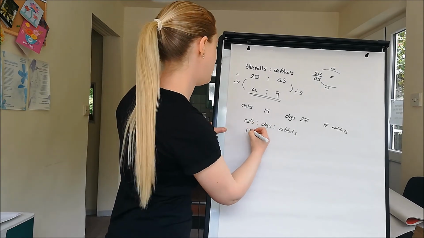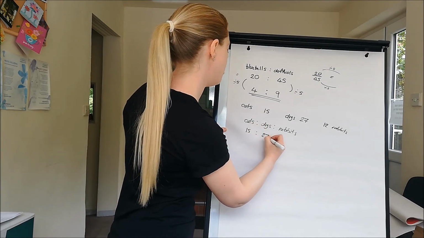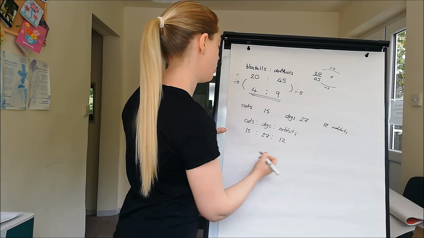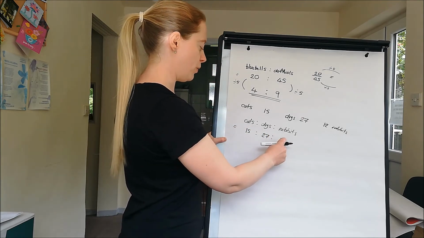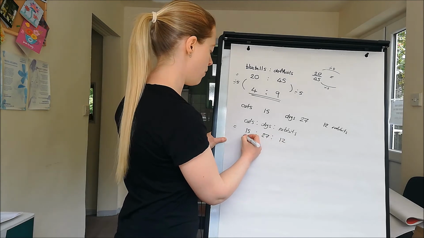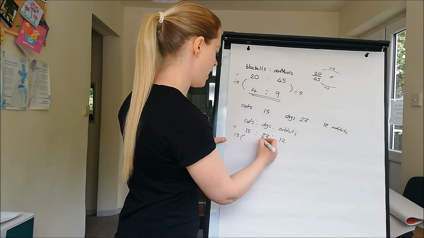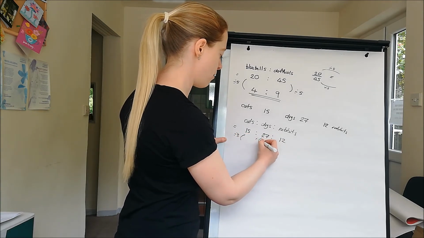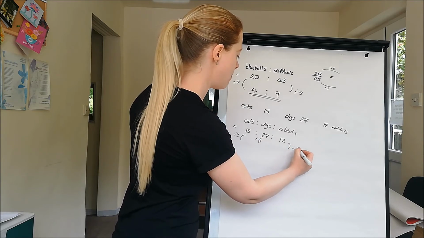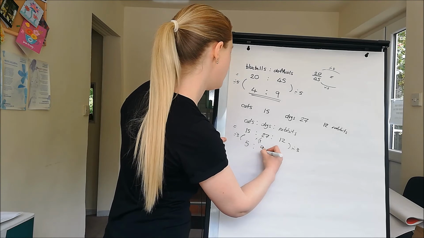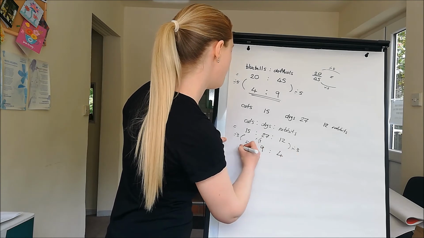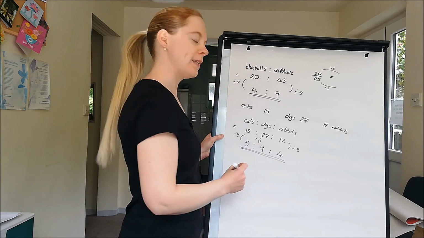We'd put 15 under the cats, 27 under the dogs and 12 under the rabbits. And then each of those will divide by 3, to give us 5 to 9 to 4 as our overall answer.